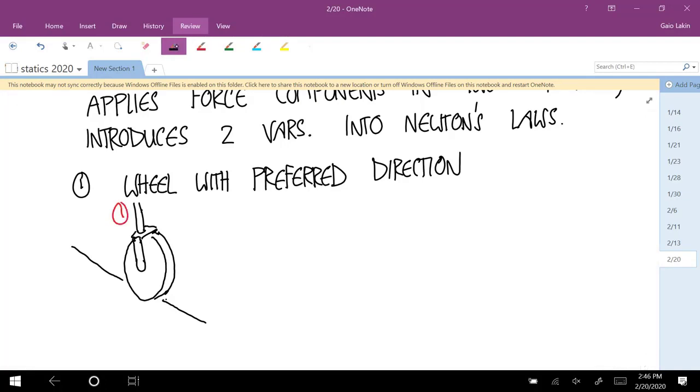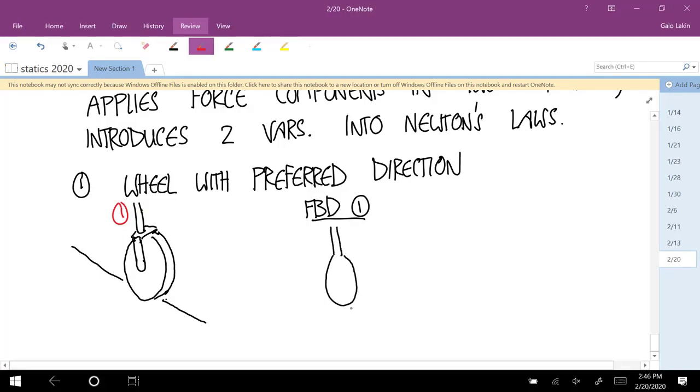And a free body diagram. If this is the direction that it's free to roll, what are the directions of the force that this applies?